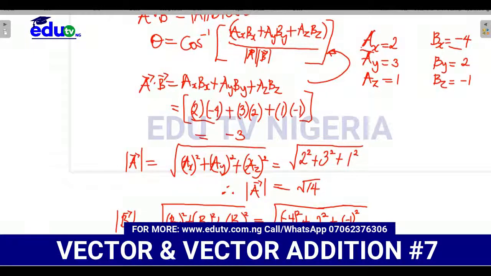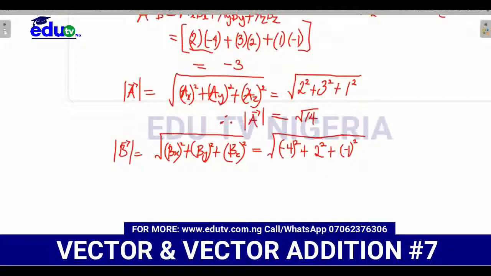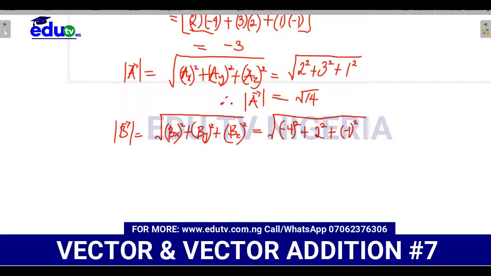Minus 4 square gives us 16, 2 square gives us 4, and 16 plus 4 is 20. Minus 1 square is 1. 20 plus 1, we have the square root of 21. Therefore, the magnitude of vector B gives us the square root of 21.